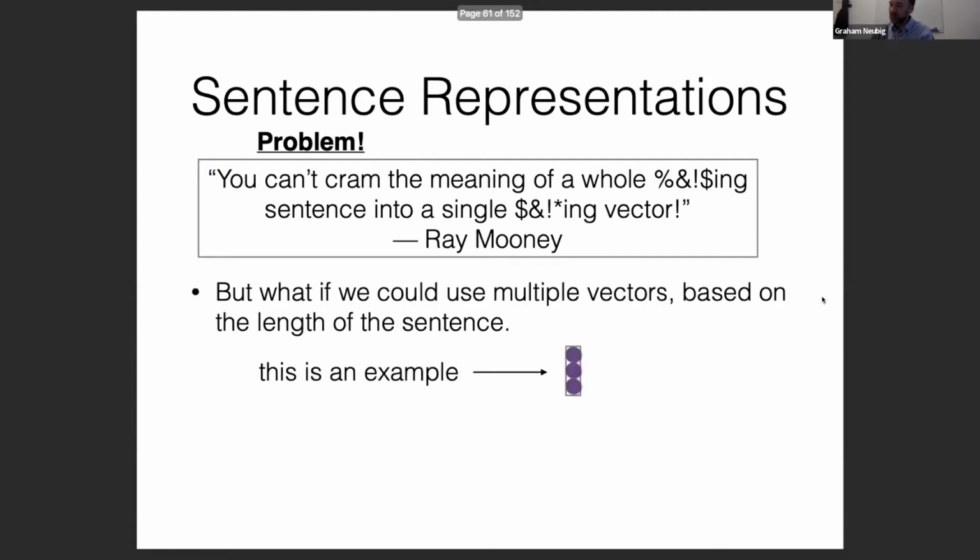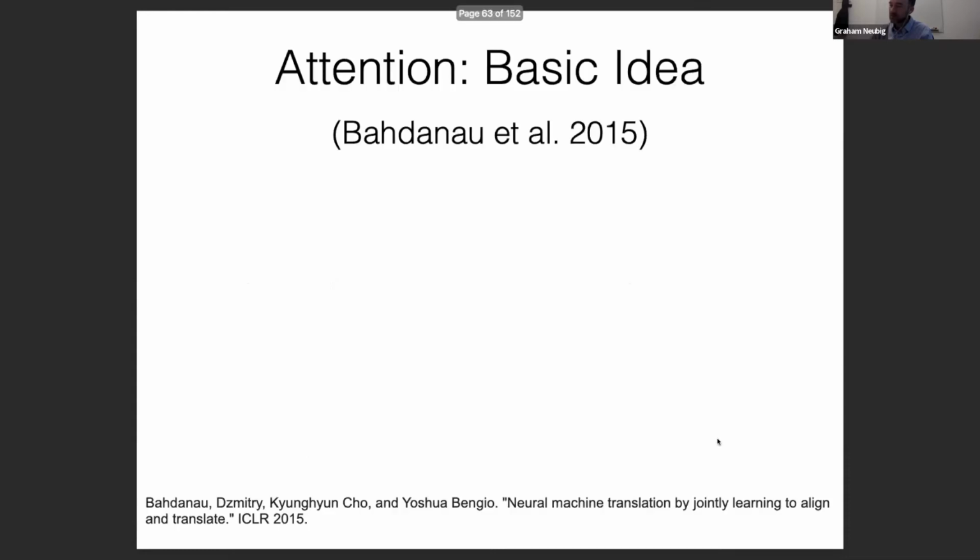And so the idea of attention is basically to relax this constraint of memorizing all of the content of a sentence in a single vector and put it into multiple vectors, one vector for each token in the input. So then we have the model that goes back and references each of these vectors one at a time.